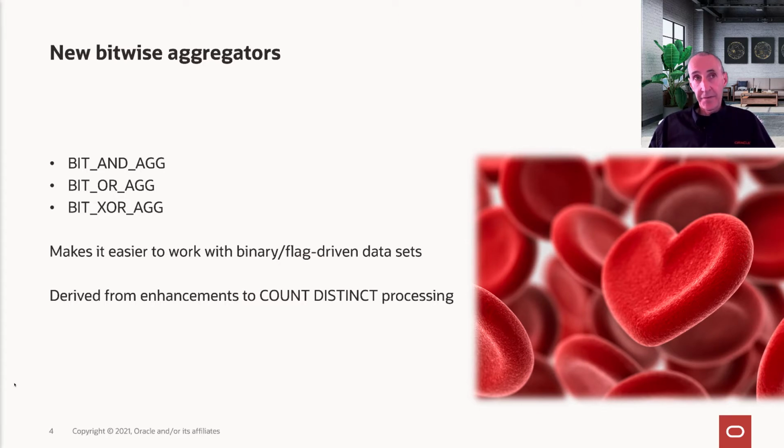There are three different operators that we've added. If you've got typical binary event stream, Internet of Things type data sets coming through, or maybe in data science where you've got lots and lots of attributes and you end up with lots of these binary flags, and sometimes you need to do operations on those, we've now got three key new functions for you to use to speed up your processing.